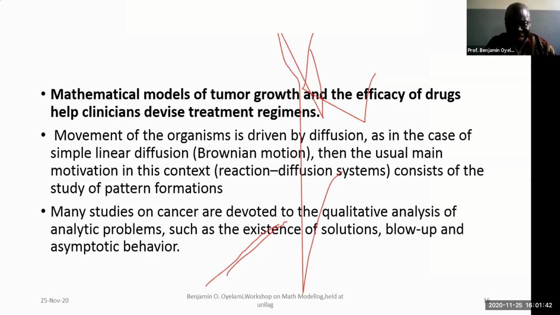We have other things like the reaction diffusion model, and then you study the pattern formation of cancer using what are called epiaxial models, and then using pattern recognition models that have to do with fractals, because if you model cancer, we can use some fractals to describe the model. So we have to use knowledge of fractal geometry to be able to model some of these things.